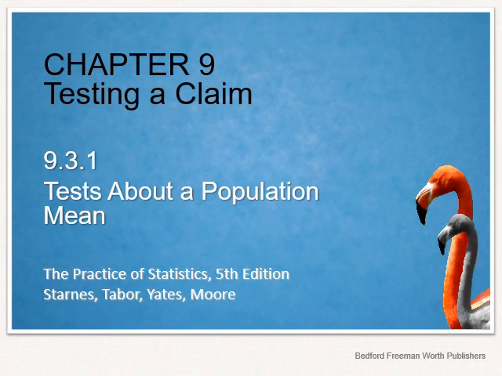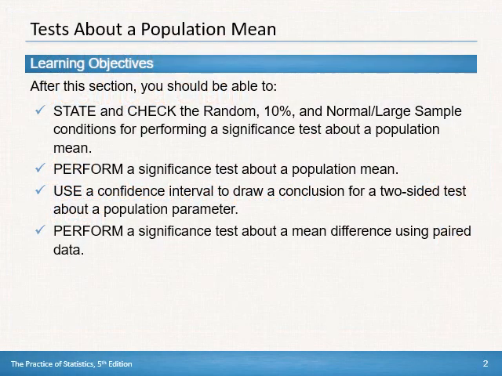In section 9.3, we continue our discussion of significance testing, but this time we're going to use it to talk about population means. In this first part of section 9.3, we'll talk about our conditions.